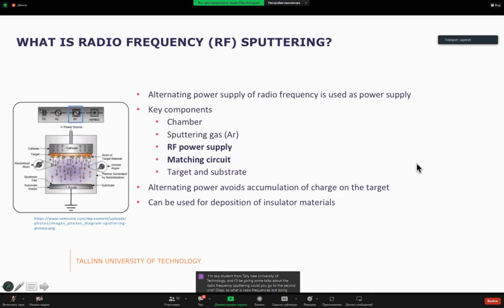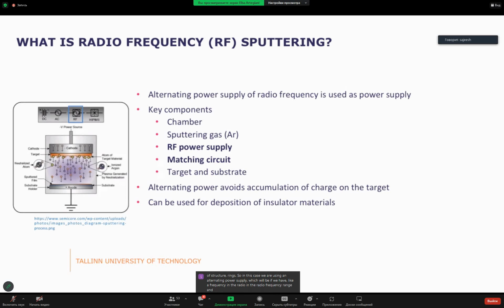As you can see on the left side, I have the schematic diagram. As our previous presenter said, based on the power supply we are using for the sputtering, there are different kinds of sputtering. In this case, we are using an alternating power supply with a frequency in the radio frequency range.